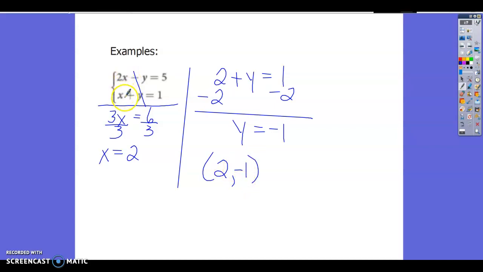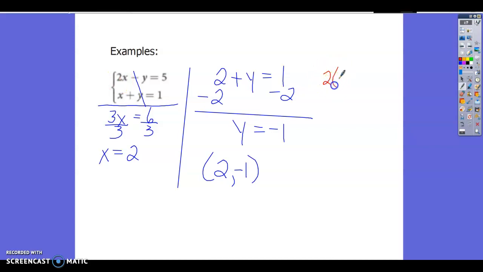If I were to graph these equations and find the intersection point, I could do that, or I could use substitution from the last lesson or elimination from this lesson. There are multiple ways to solve systems, and depending on how the system is set up, one way may be easier than another. All right, let's check it and make sure that it works.